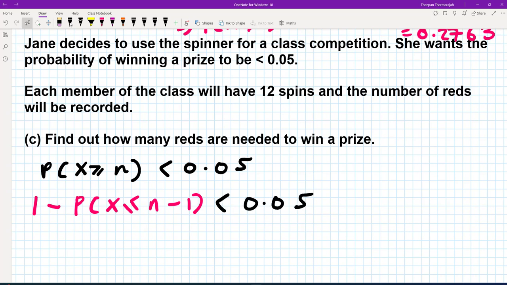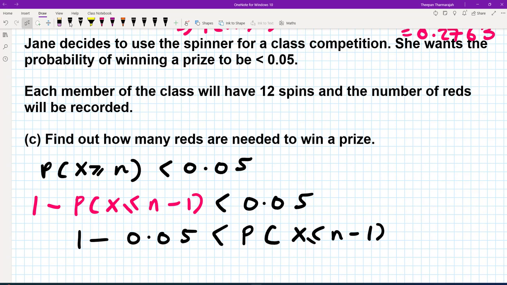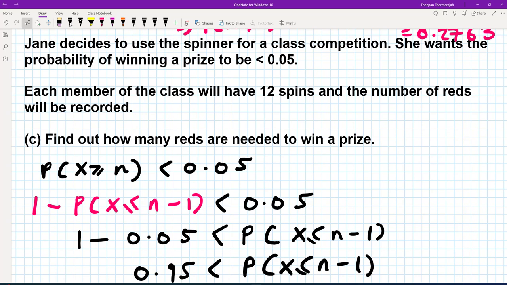Now, if I rearrange my inequality, I get 1 minus 0.05 is strictly less than the probability that x is less than or equal to n minus 1. So we're saying that 0.95 is strictly less than the probability that x is less than or equal to n minus 1.